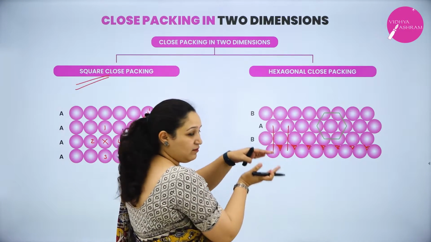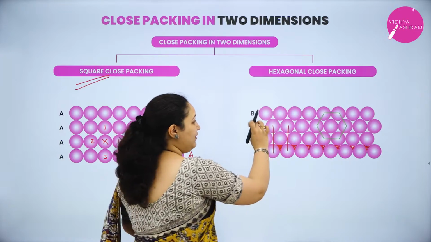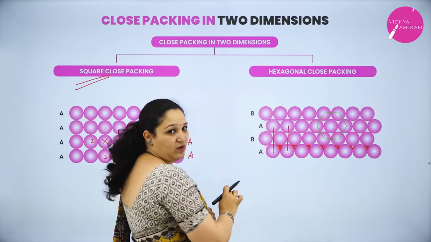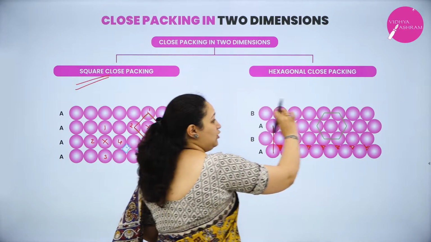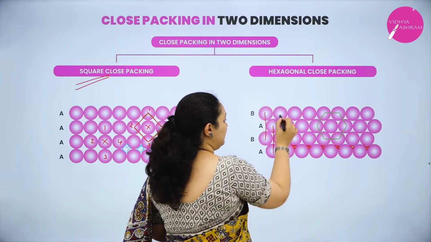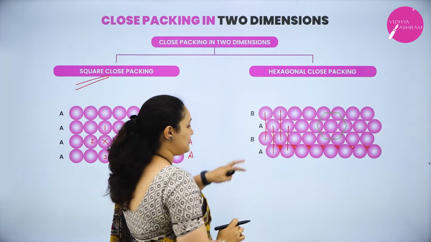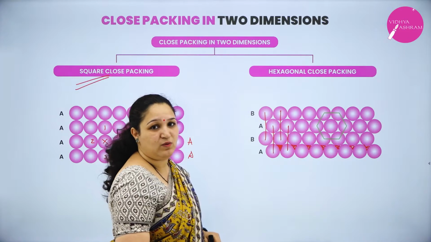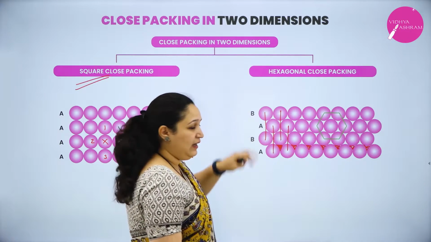So again we are naming this A, and the fourth row when I keep it becomes identical with B. That's why we are naming it AB pattern. What is it? AB pattern.